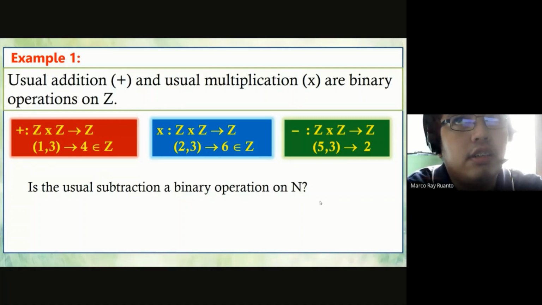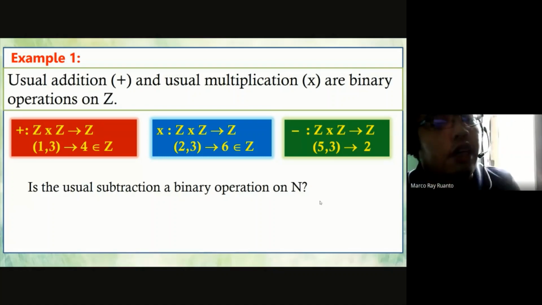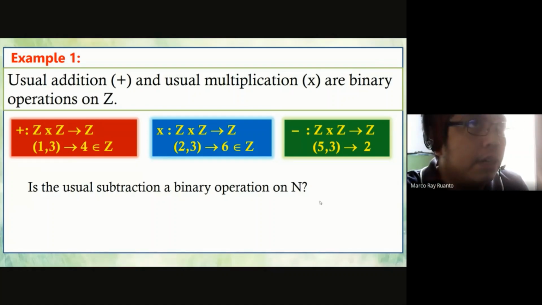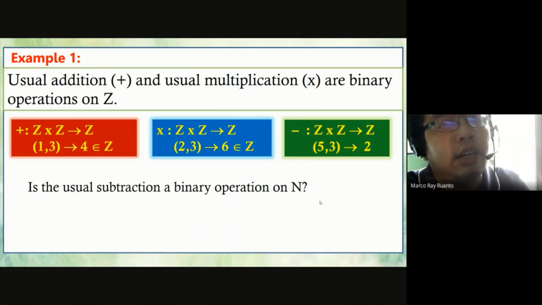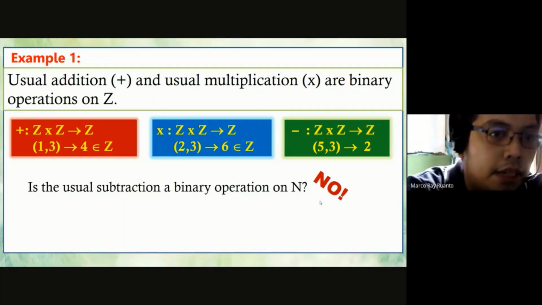No. Okay, it's a no, because a natural number minus a natural number doesn't always give you a natural number. It gives an integer. So therefore, this is not a binary operation.